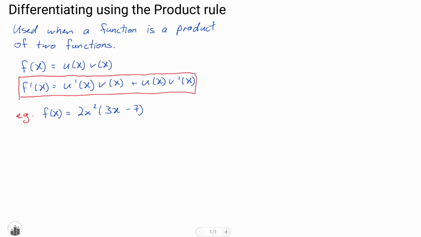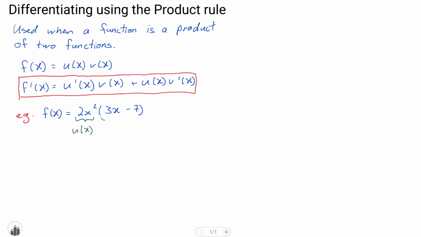Okay, so now you can see, hopefully, that this is a function that is the product of two functions, where this thing over here is one function, and this is going to be our u of x.